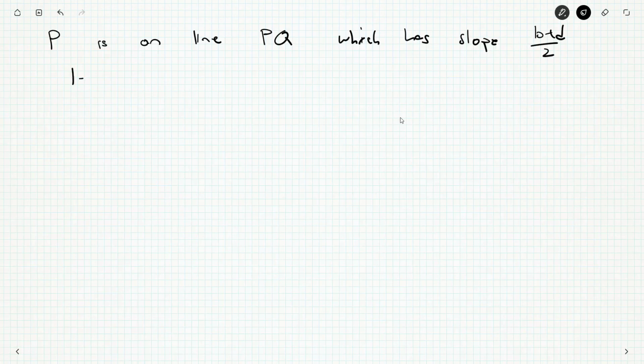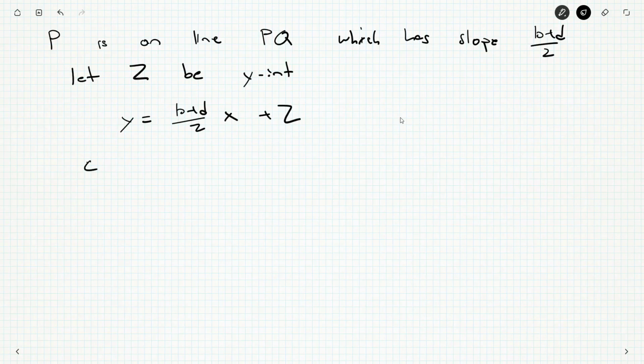So I'll let z be the y-intercept. And then I know y equals b plus d over 2 x plus z. But we have c minus b squared over 4 is b plus d over 2 times negative b over 2 plus z.